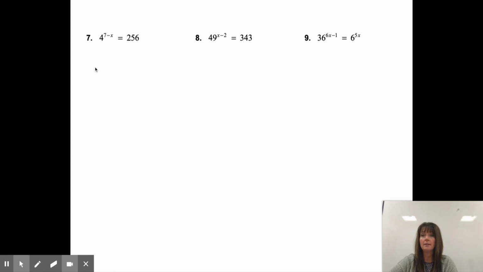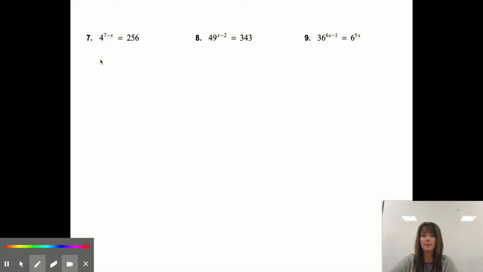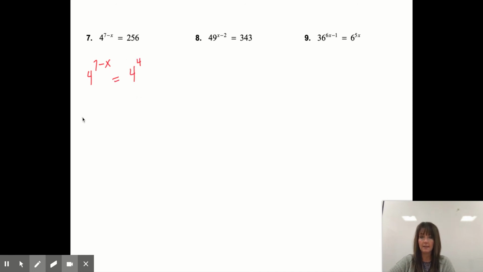So we can rewrite this, 4 to the 7 minus x is equal to 4 to the 4th power. 4 to the 4th power is 256. So 7 minus x is equal to 4. So x is equal to 3.